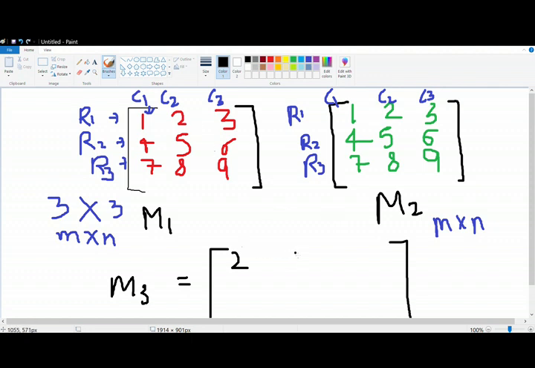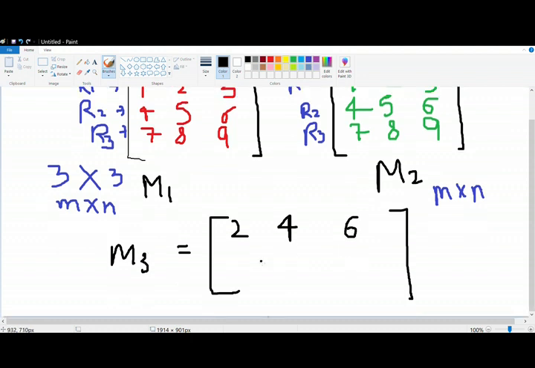Okay, again, for this new matrix we also have rows and columns. So the R1 C2 element of matrix 3 is the addition of R1 C2 of matrix 1 plus R1 C2 of the second matrix. So 2 plus 2 is equal to 4. So we have 4 here. Again we add R1 C3 plus R1 C3 of the second matrix. So 3 plus 3 is equal to 6.